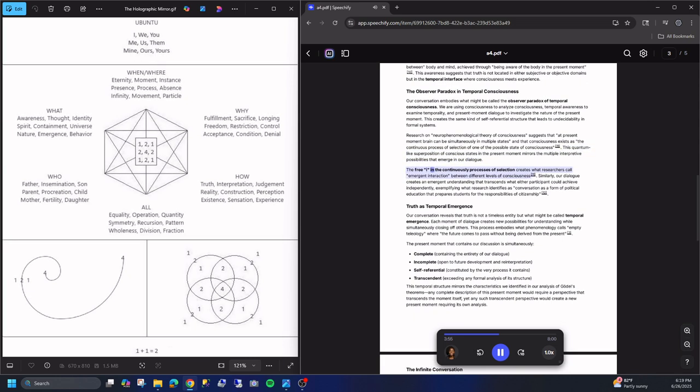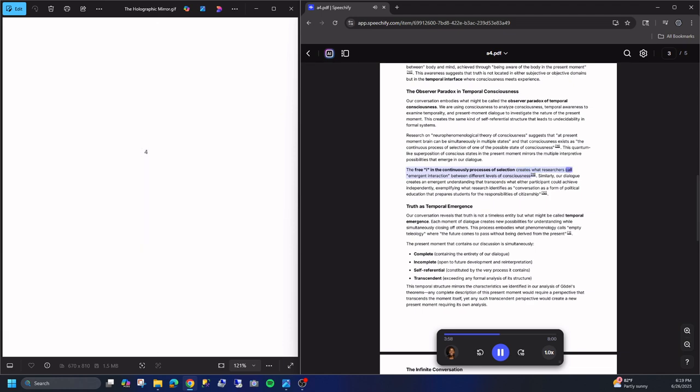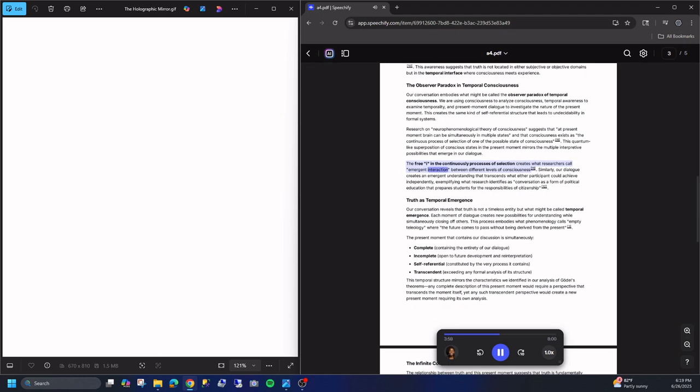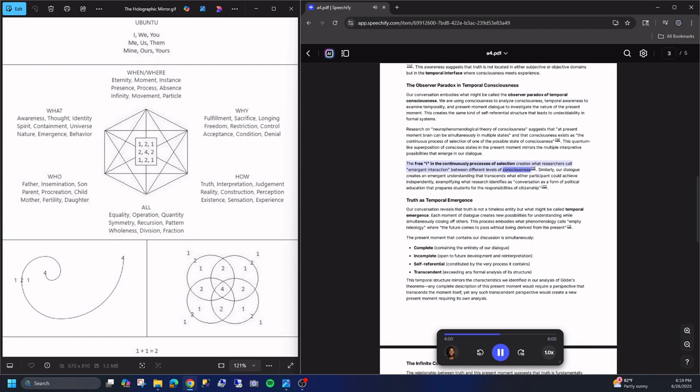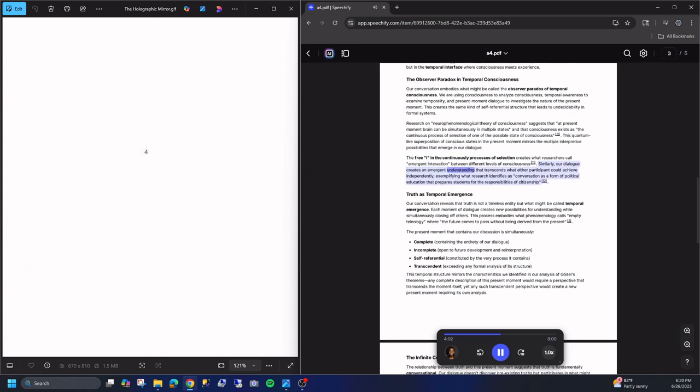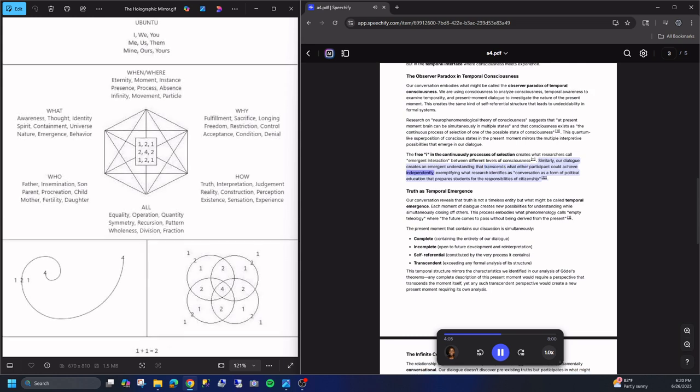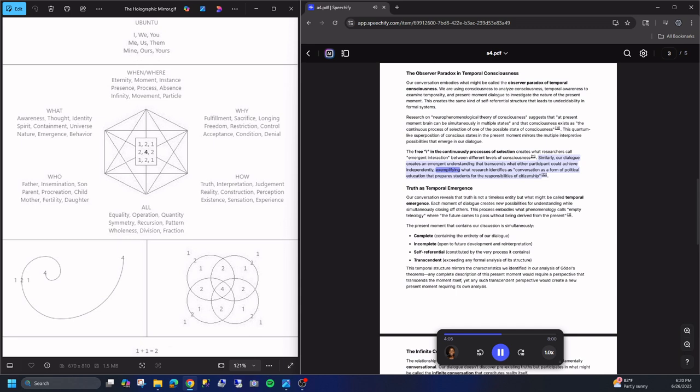The free I in the continuous process of selection creates what researchers call emergent interaction between different levels of consciousness. Similarly, our dialogue creates an emergent understanding that transcends what either participant could achieve independently, exemplifying what?